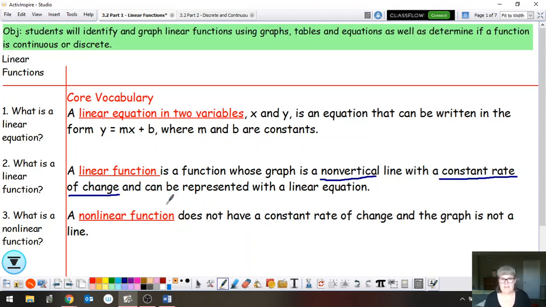So as x increases by a certain amount, y is also increasing by a certain amount, or as x decreases, y is increasing or decreasing. And it can be represented with a linear equation. A nonlinear function does not have that constant rate of change, and the graph is not going to be a line.